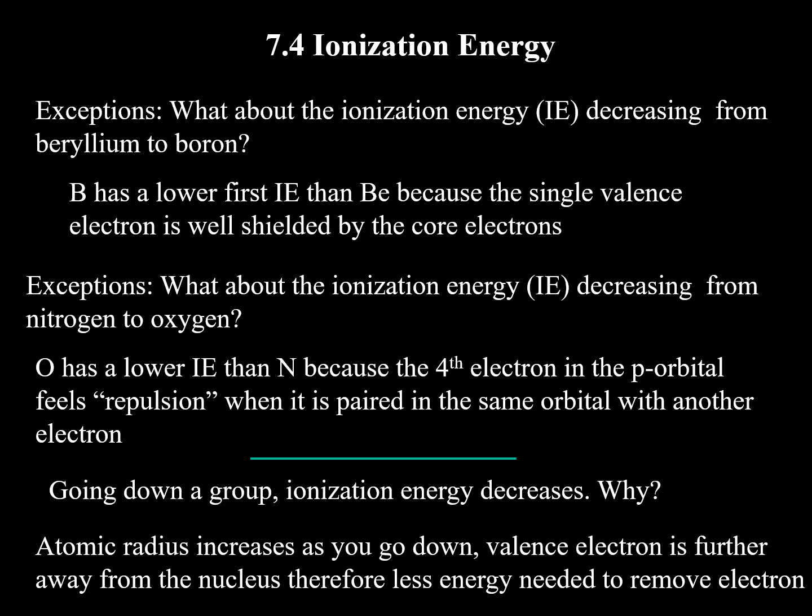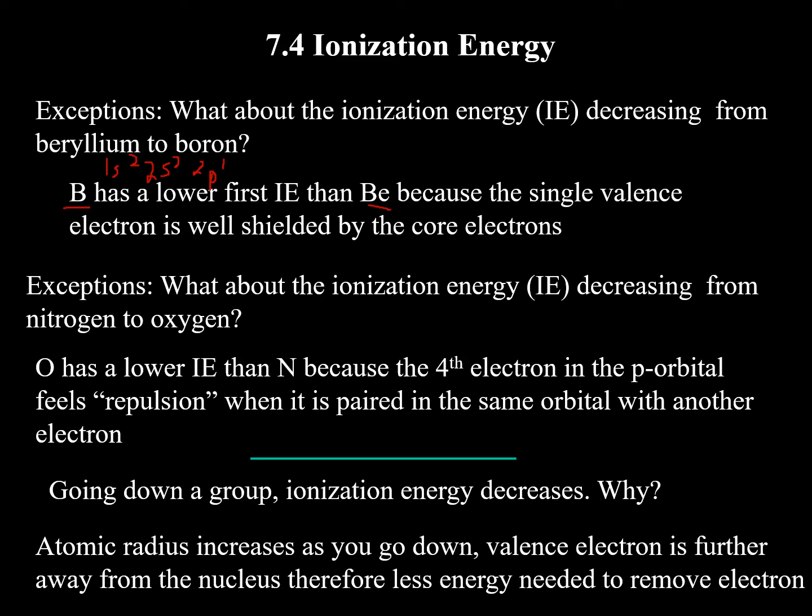As I just said, there are some exceptions to the trend as you go left to right. There is an exception between the boron and the beryllium. If we look at the electron configuration for boron, it's 1s2, 2s2, 2p1.